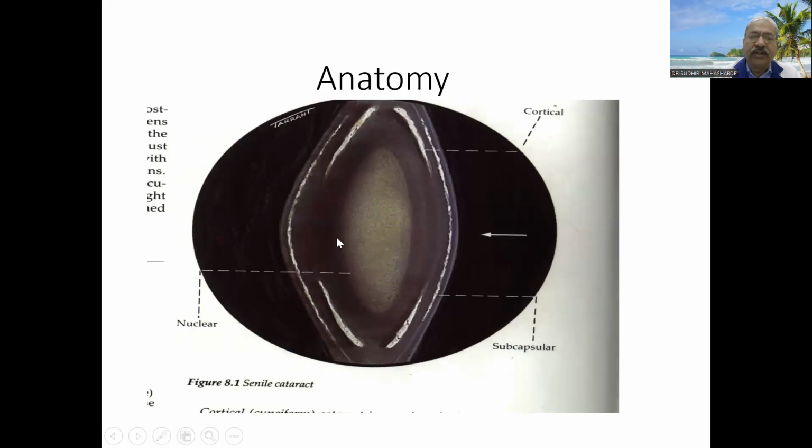This is the central hard nucleus, which is surrounded by the cortex and epinucleus, and then anteriorly it is the anterior capsule, posteriorly it is the posterior capsule.